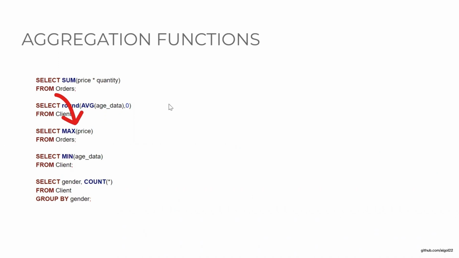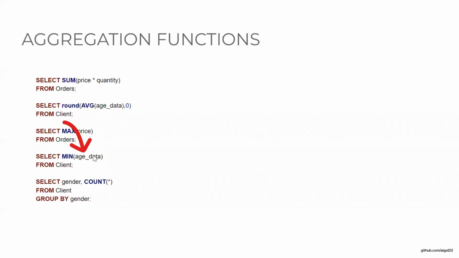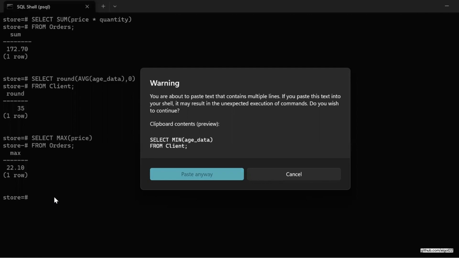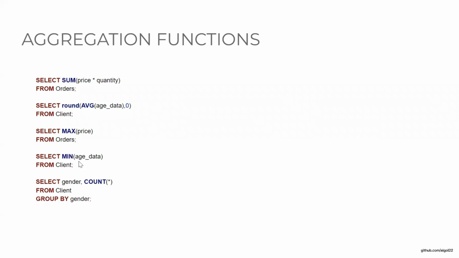Here we can get the maximum price of order, minimum age for client, and also we have constraint for client with age more than 10, older than 10.